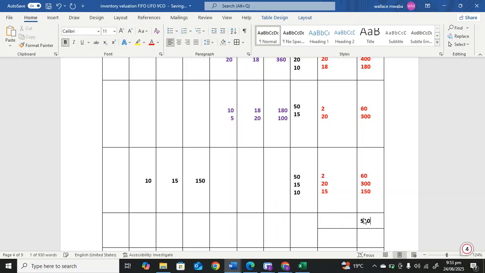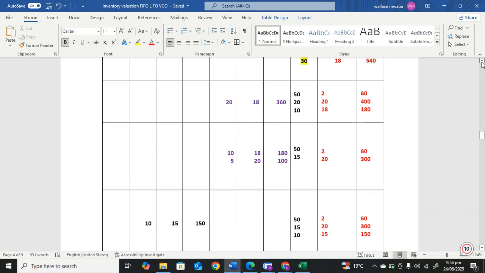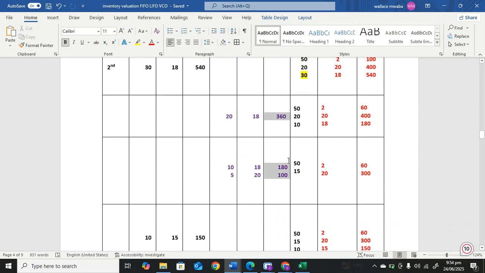So these methods will give you different values of closing inventory. Okay, colleagues? Don't think you have to get the same value. No, they'll give you different values. So this 510, this is the value of the closing inventory. If you want to know the value of the cost of goods sold, you just add 360 plus 180 plus 100, 640.